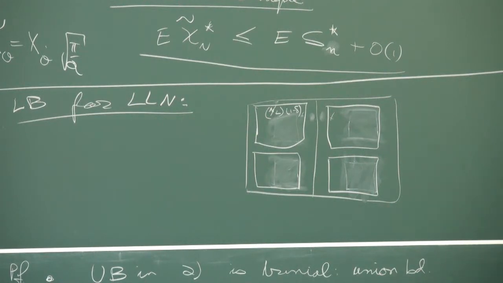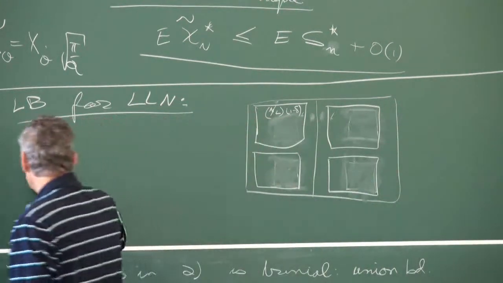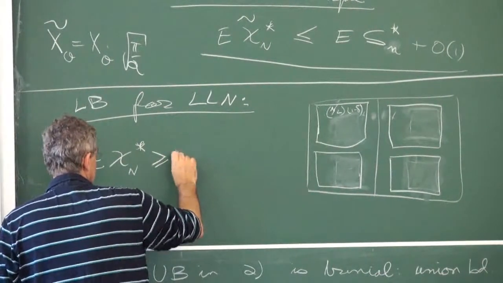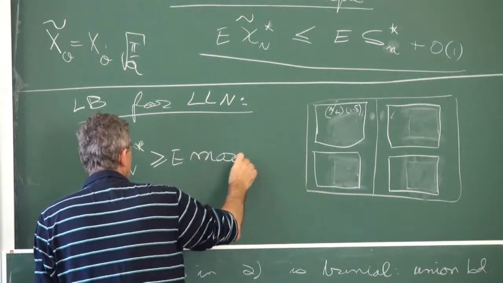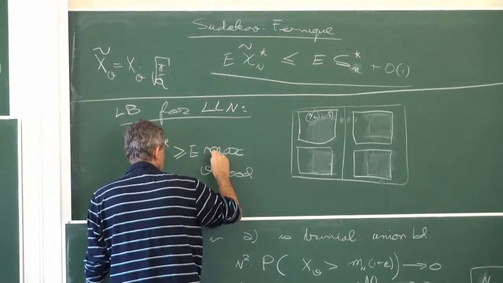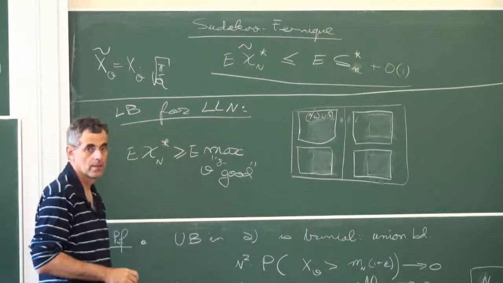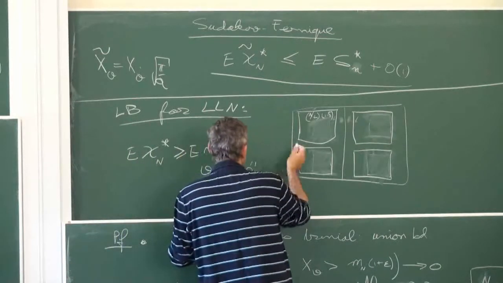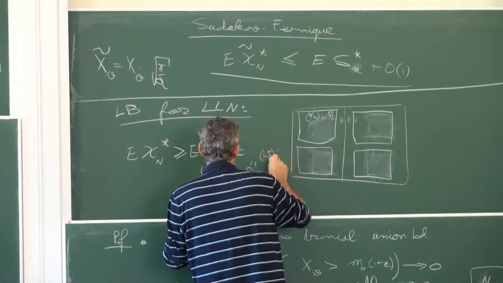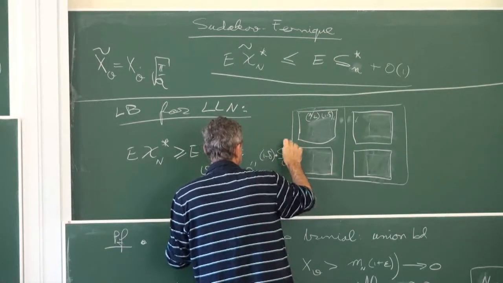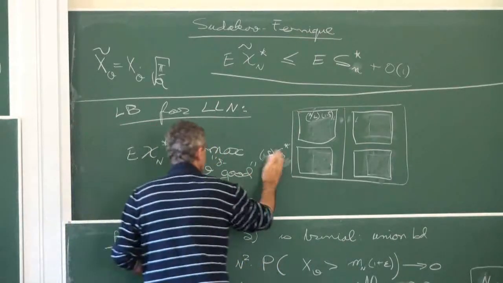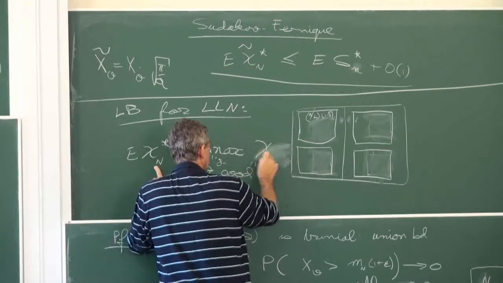So this means that you can get that the expectation of X_n star is greater than the expectation of the maximum over v, which is good, or maybe I should call it delta good, of the maximum over good v of X_v.